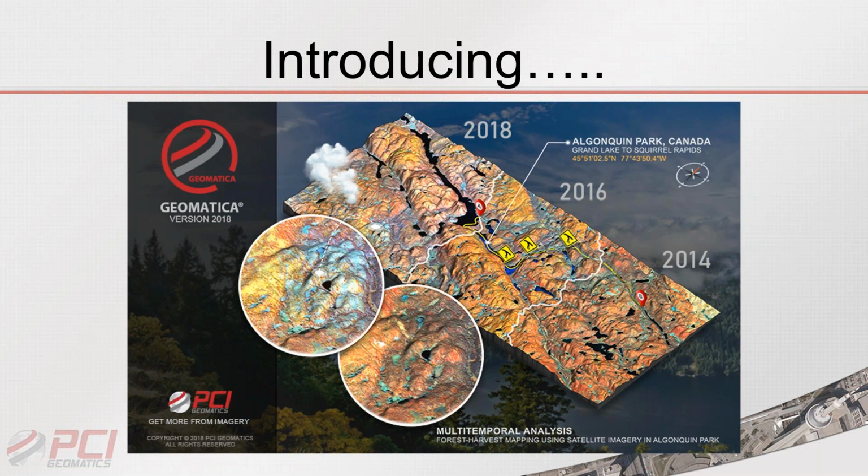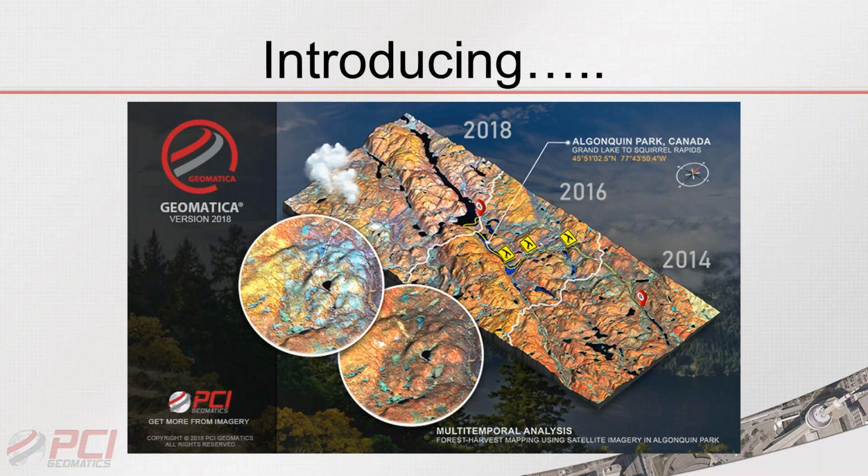What this graphic represents is multi-temporal imagery collected over multiple years, and how that imagery can be used to derive information. What we see in the two circles are active deforestation or active logging and reforestation activities over a particular location within proximity to a park, a camping site basically, or campgrounds.